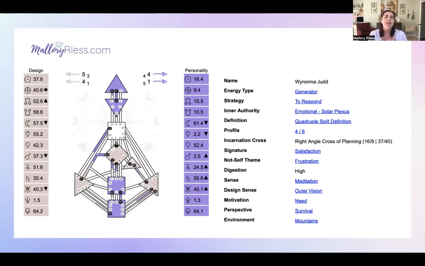I love the Chinese I Ching because it really talks about genetics. There's 64 gates. And obviously 5,000 years ago, they probably didn't know much about genetics, but the 64 gates go along with the 64 codons in the human DNA.